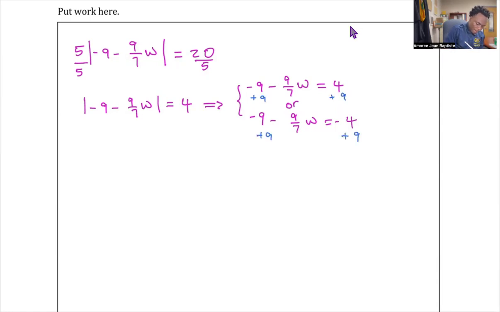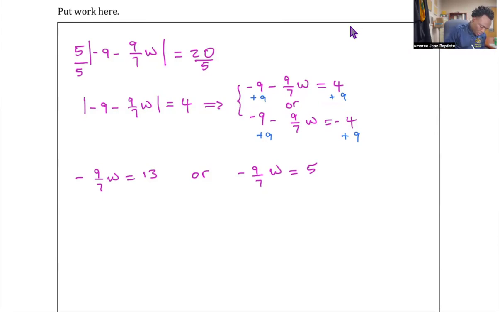So we would get negative 9/7 W equals 13, or negative 9/7 W equals 5. Now to get W by itself, we can multiply both sides by negative 7/9.